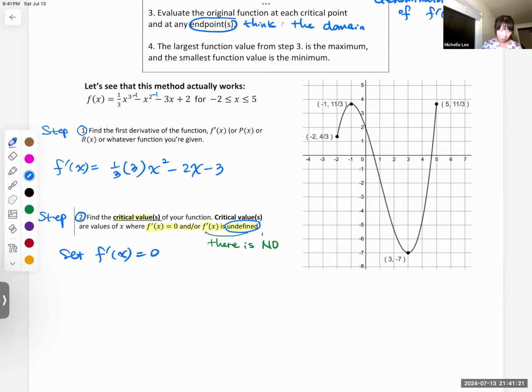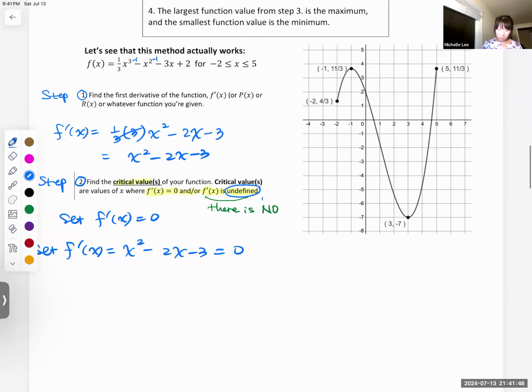All right, so let me write down. F prime of x equals, oh, I did not simplify. So there will be x squared minus 2x minus 3, right? We set x squared minus 2x minus 3 equal to 0, right? We had experience with how to factor and how to find the x values. So can you please think about how to factor?